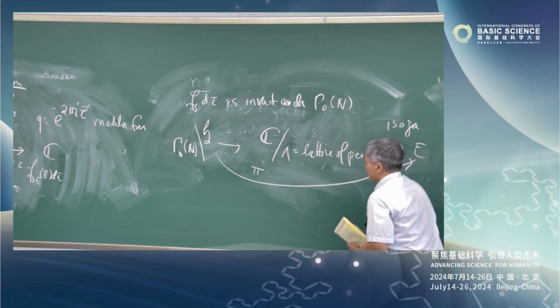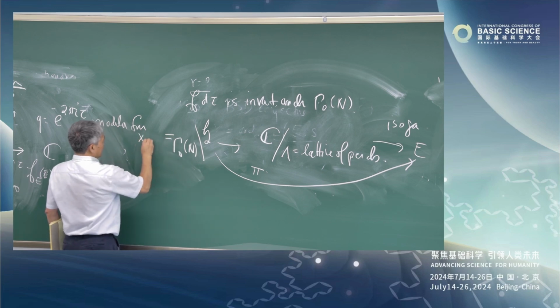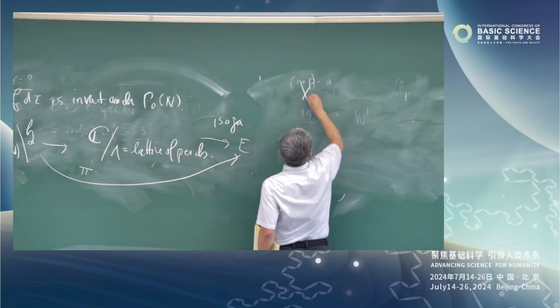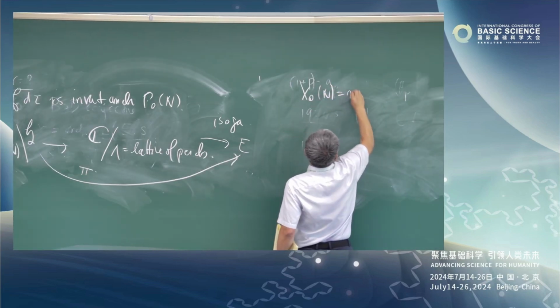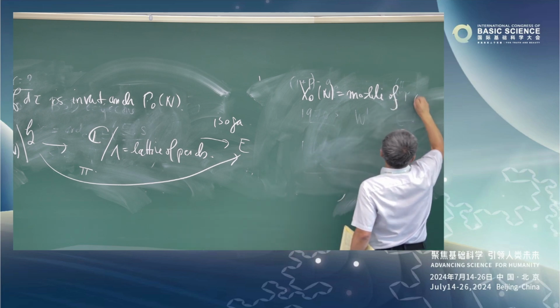One beautiful thing for this, we give a name called X_0(N). The X_0(N) itself is the moduli space of isogenies.